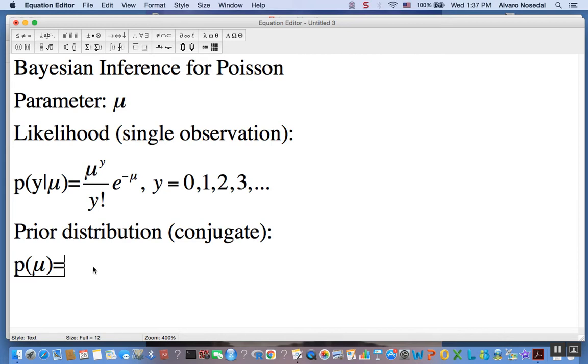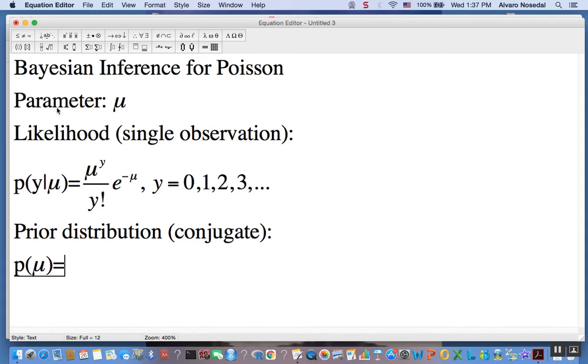Now, let me say something more about this probability density function that we're going to be using in this video. There are mainly two ways of writing the probability density function for a gamma random variable.